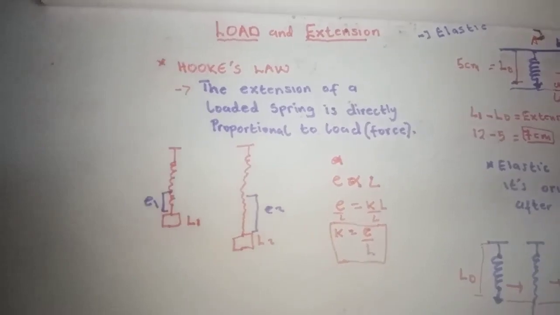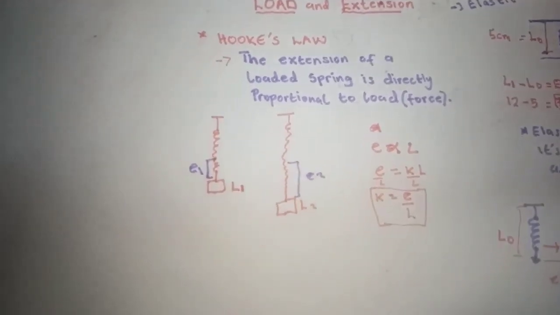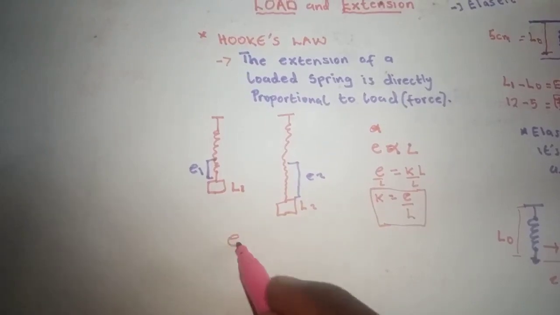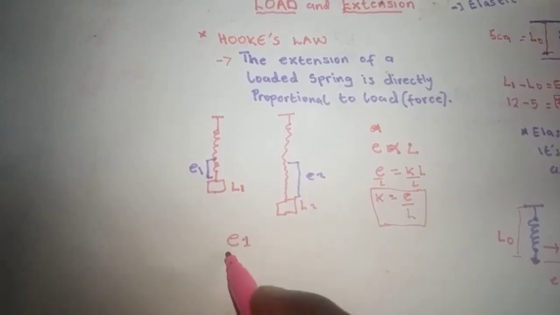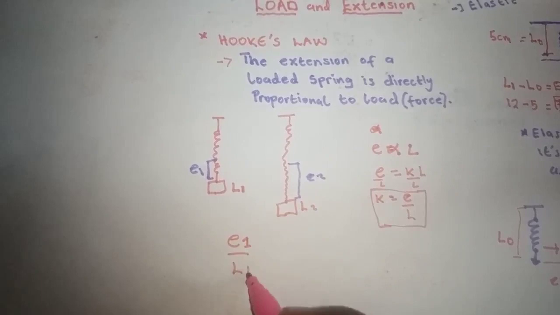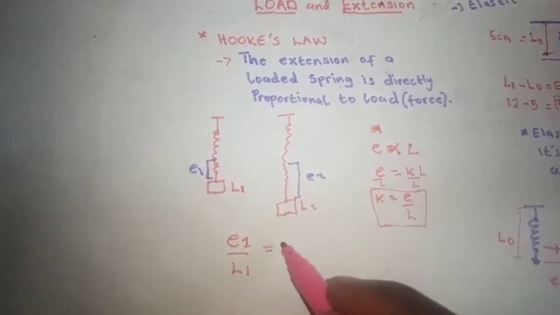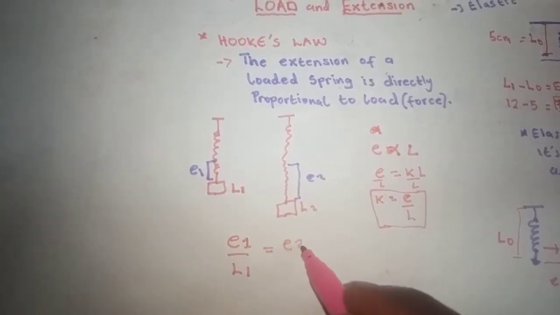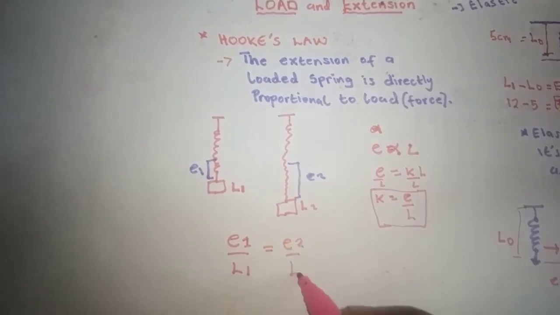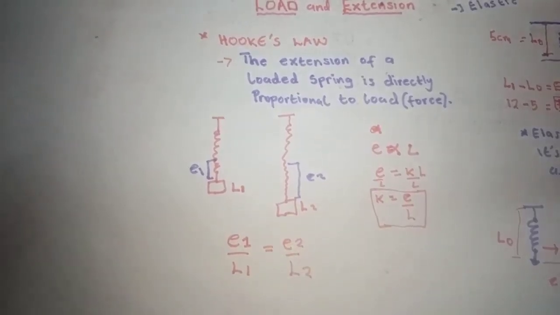So this formula can be written like this: extension 1 over load 1 must be equal to extension 2 over load 2, okay.